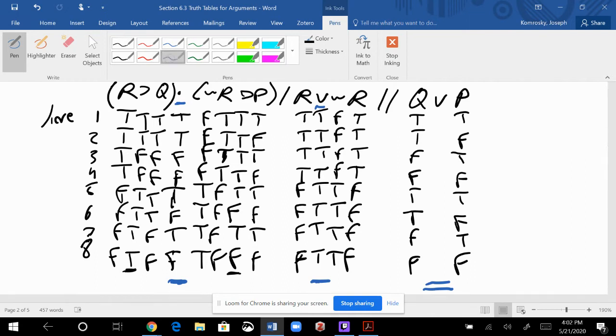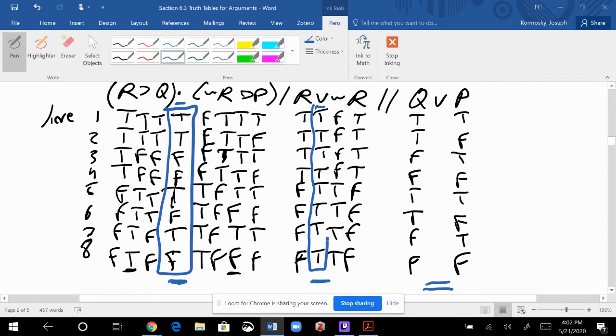Finally, we know the truth value of the main operator, our truth value is this one. This is the one that's going to stand out. It's going to be important for our first premise. For our second premise, this will be the one. So let's go and do that. And then we're going to plug in our truth values in this and match them up.